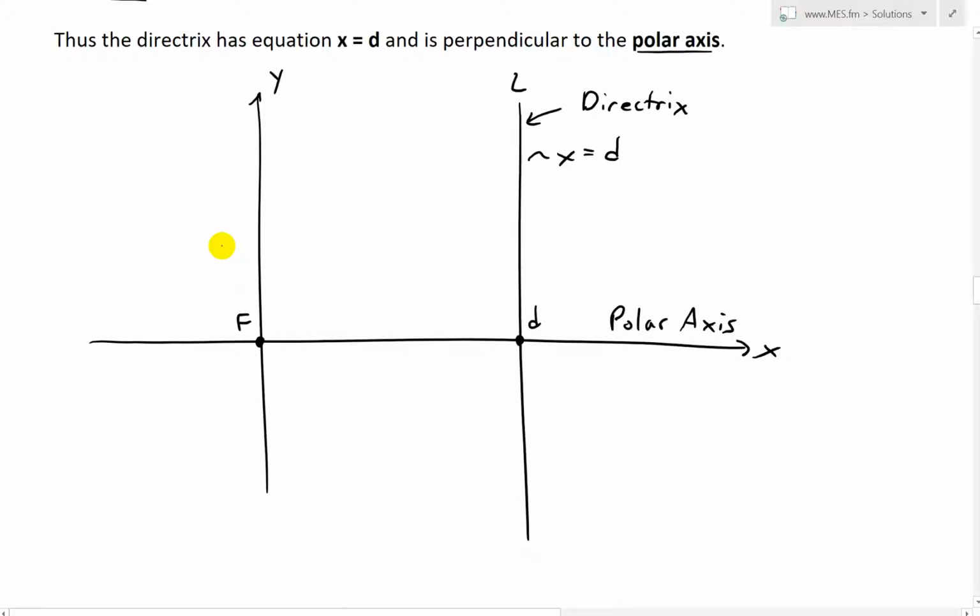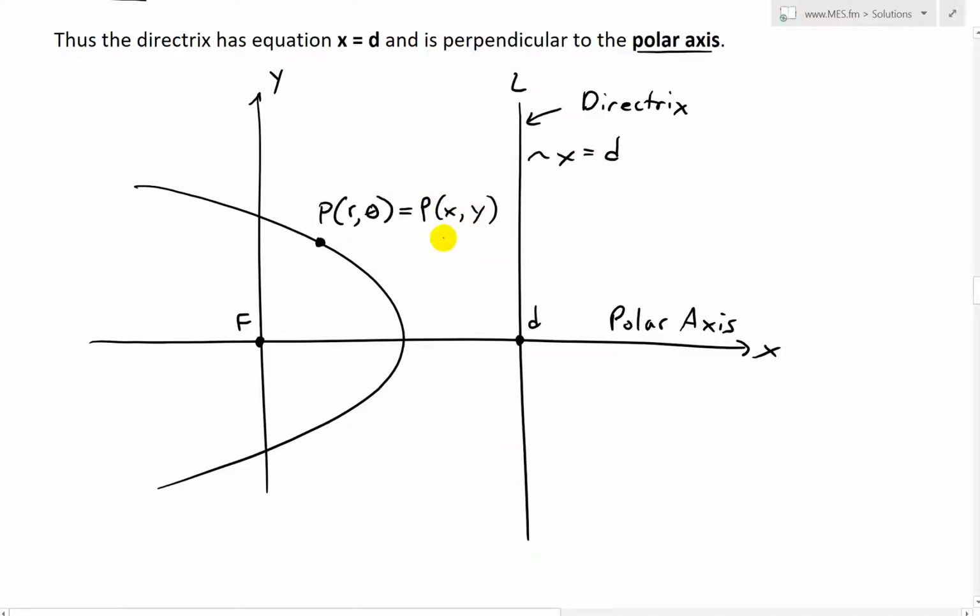And let's say the set of all points is going to look something like this. So the conic section is going to look something like this. And let's say there's a point here, and I'll call this P, and its coordinates in polar coordinates are r, theta, as well as in Cartesian it's going to be x, y, like that. So r, theta for polar and x, y for Cartesian.